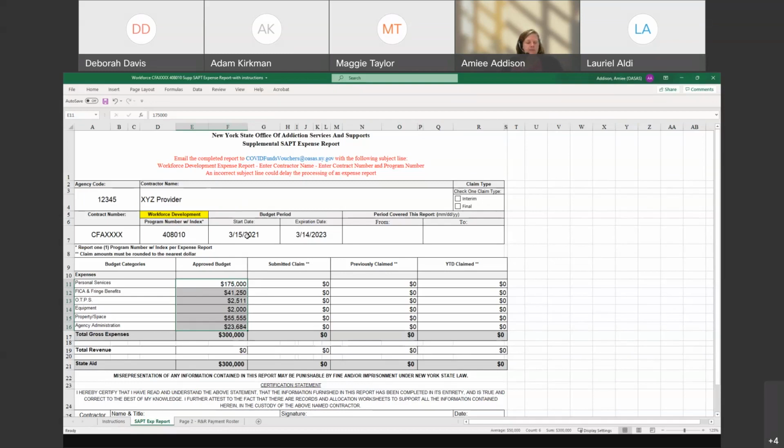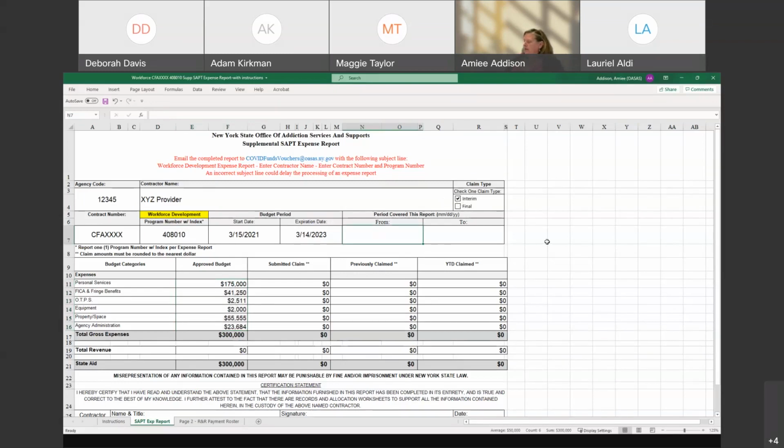So once you receive your expense report, your initial, you would do an interim, unless it's the final, which usually your initial wouldn't be a final. So you would click the interim.